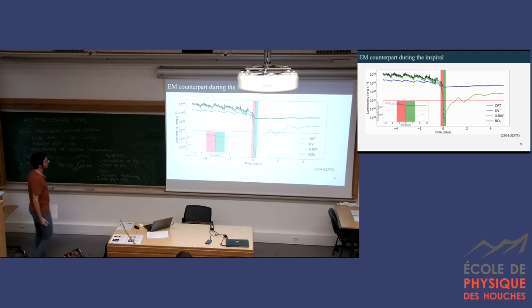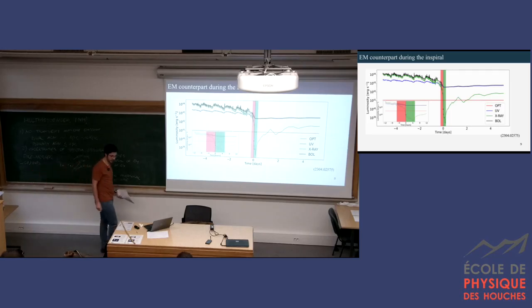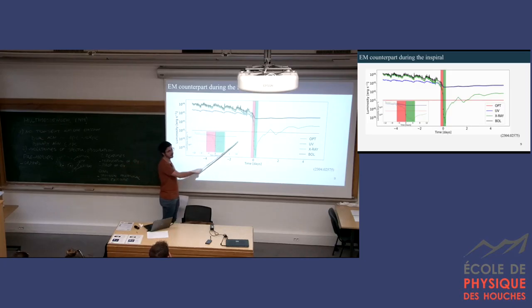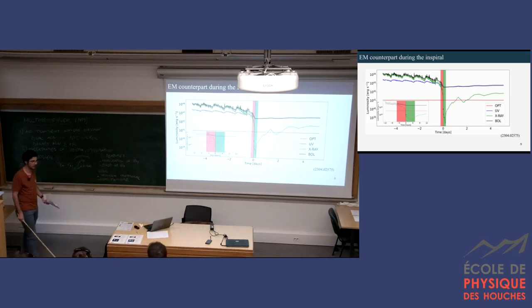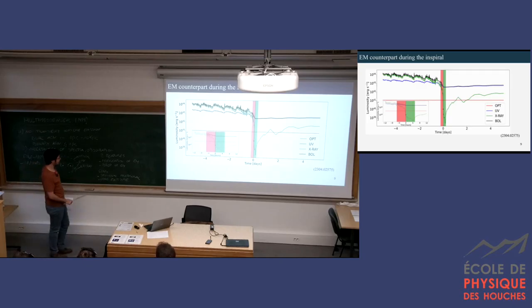So in principle, if you trust the simulations, what these simulations are telling you is that you have a couple of features that you can look for in your electromagnetic data to find a counterpart to a massive black hole binary merger. On the practical side, there are a couple of problems.